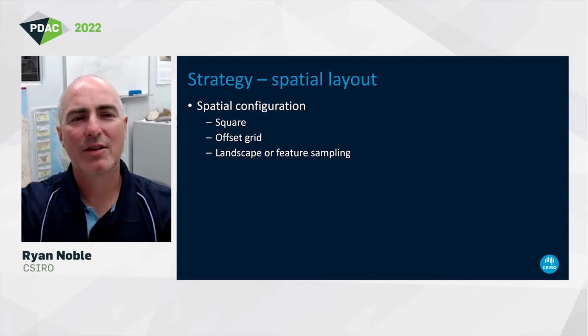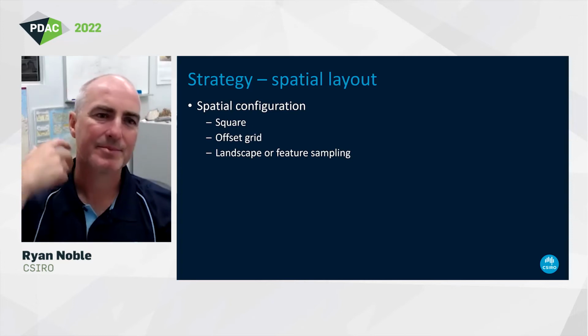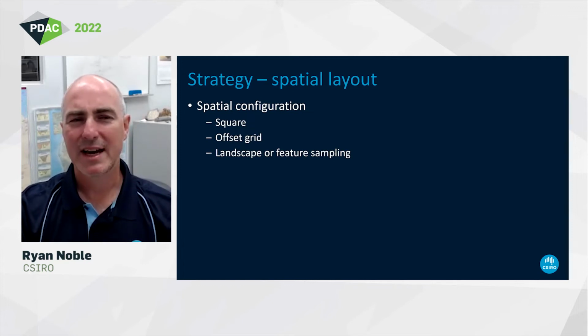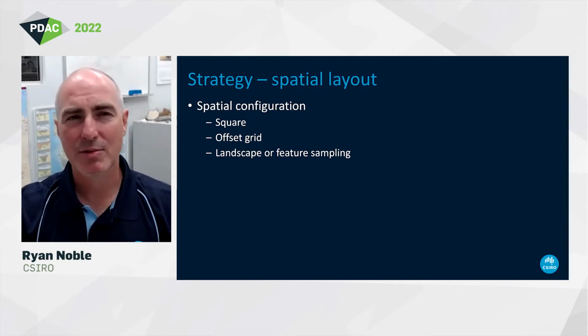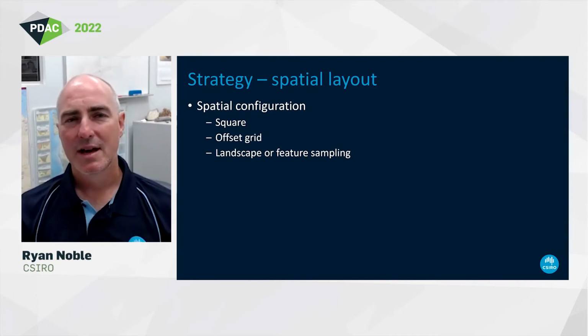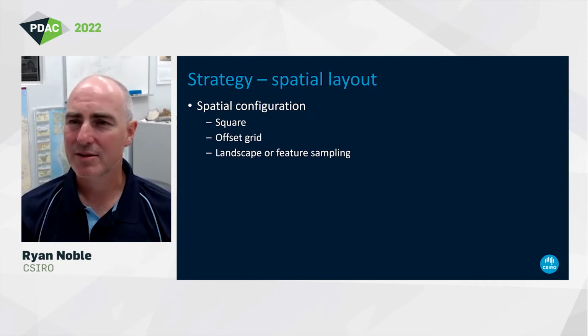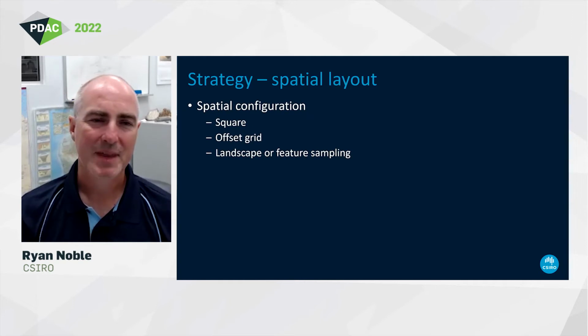And then the other side of it is around sampling for landscapes and feature sampling. And this is not something that is always done. I would say it's done in some of the regional surveys when people have looked at catchments and overbank survey sort of sediments. That's probably where it's most featured, in stream sediment surveys, things like that.